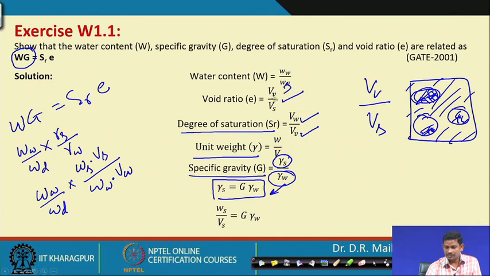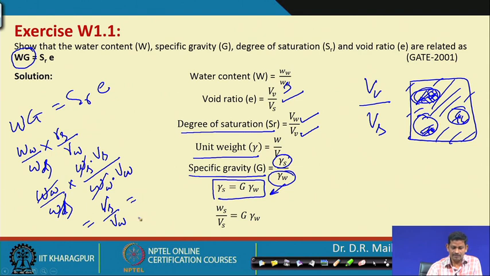Then W w gets cancelled out, V s gets cancelled out. Finally, you get V s by V w.